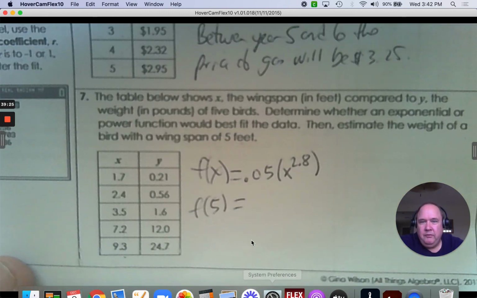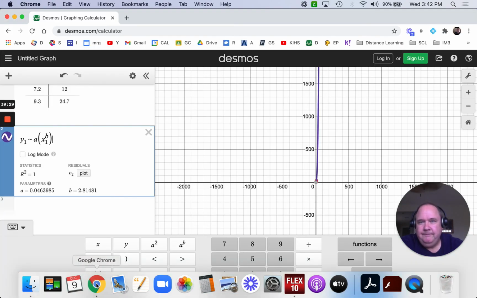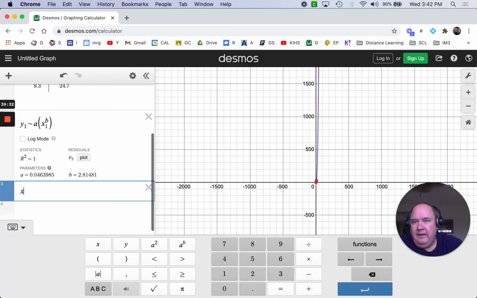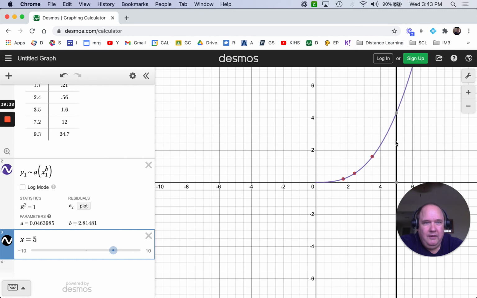It's going to be in between 1 and 12, right? We can see that already. So x is equal to 5. Let's put this back to normal again. There it is. And so at 5, I get the answer 4.3 being the weight.